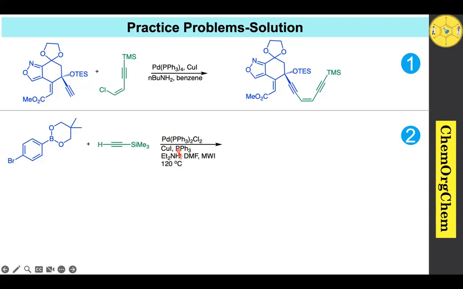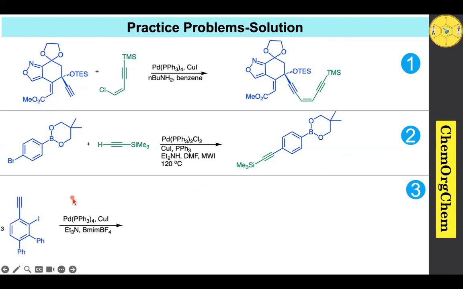Under this reaction condition, this position couples with this terminal alkyne, producing the corresponding product. You should note that this boronated species doesn't get affected in this reaction.